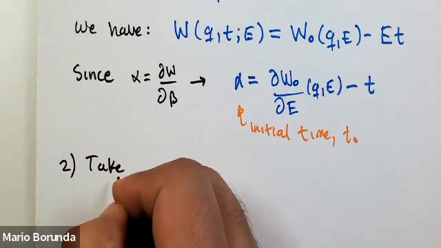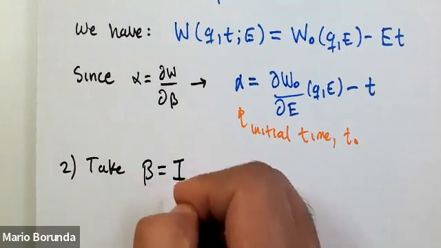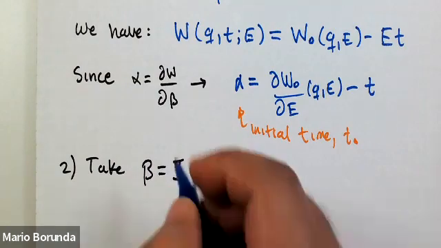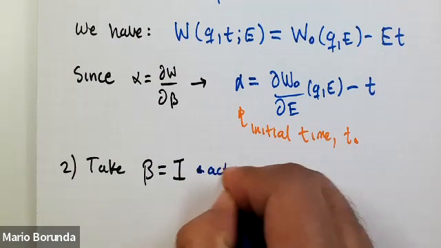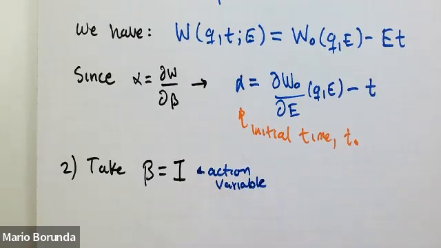So now let's say that beta is equal to I, which is the action variable we had a few weeks ago. And the question is, what is the new alpha?